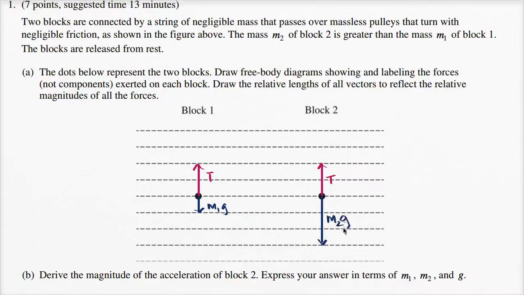They don't tell us that, but they tell us that M2 is larger, so this seems to be right. And we just want to get our intuition here. Since our tension, our upward force, is larger than our downward force, you're going to have a net upward force, which is going to accelerate block 1 up. And here you're going to have a net downward force, which is going to accelerate block 2 down, which is in line with our intuition because block 2 weighs more than block 1.